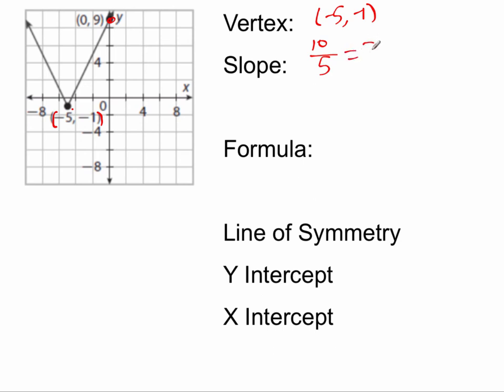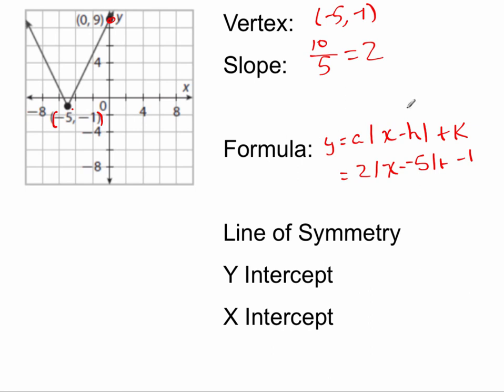So I have a slope of 2. So my formula is y is equal to a times the absolute value of x minus h plus k. Now here is the slope. So this is going to be 2 times the absolute value of x minus -5 plus -1.